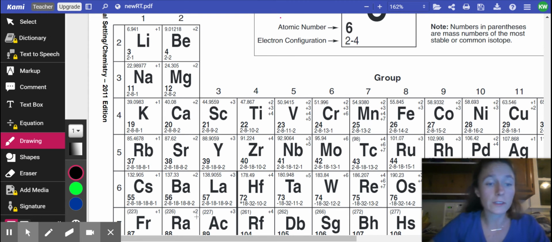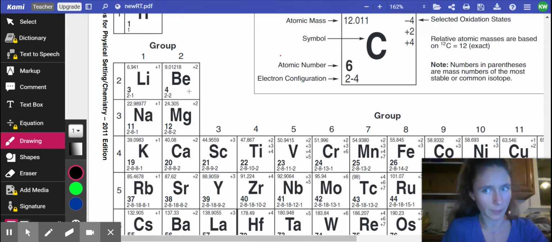When an atom loses electrons, it's going to get smaller because it's losing its valence energy level. So cations are positive and they are smaller. And metals are always the ones who are going to form cations.